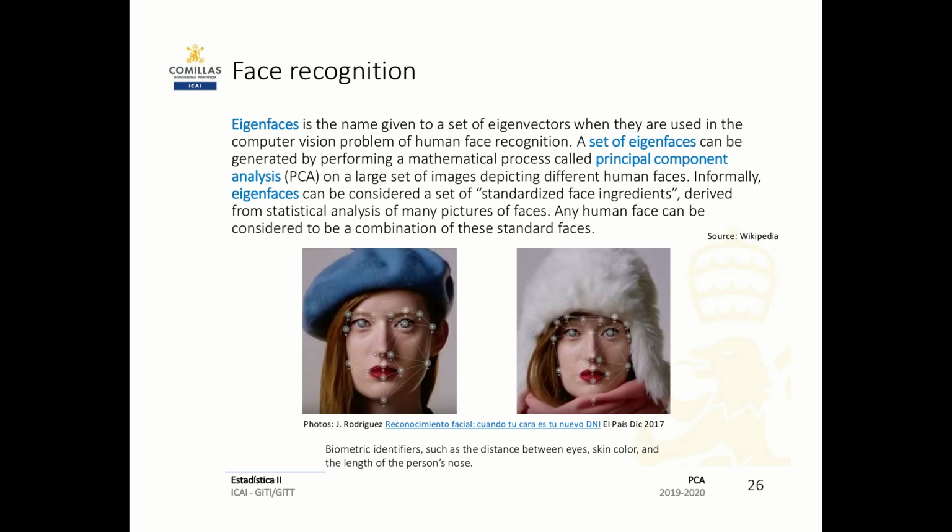So this is a kind of biometric characterization of a person, and then we can uniquely identify that person. That is like the identity card of that person, and PCA is used for that.